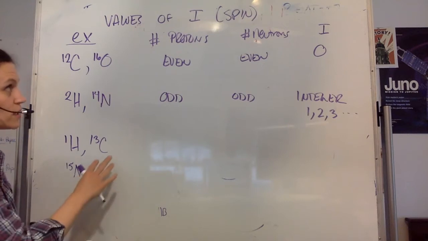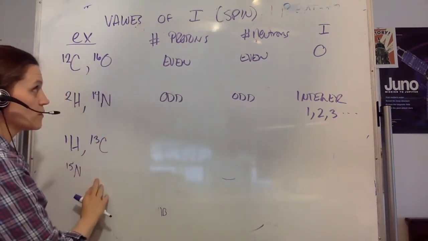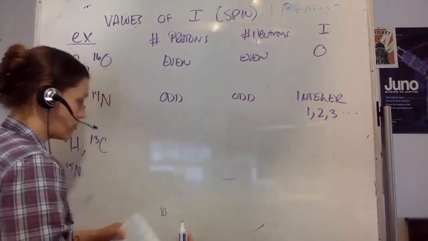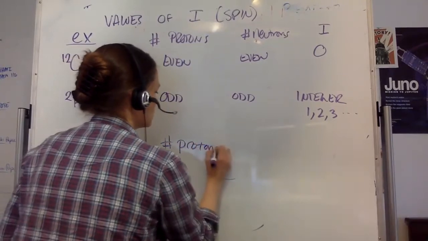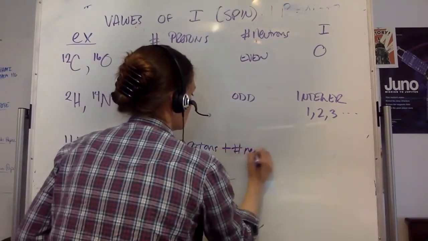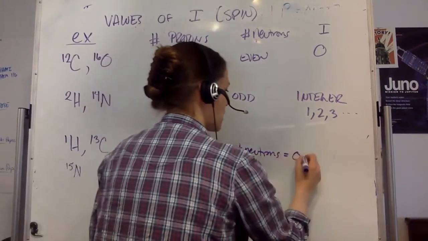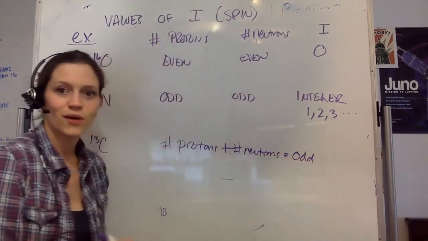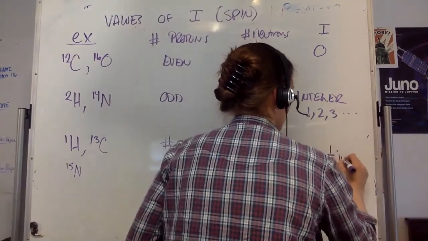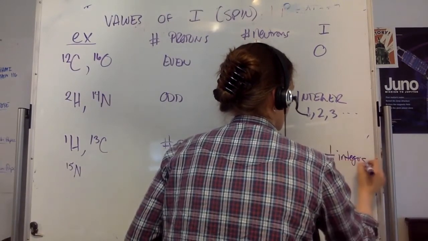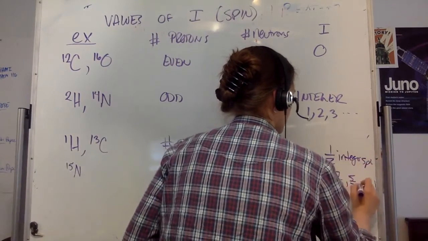So the spin of these depends on the number of protons and the number of neutrons. If you add the number of protons plus the number of neutrons, and that equals an odd number, you have half integer spin. So 1/2, 3 halves, 5 halves, and so on.